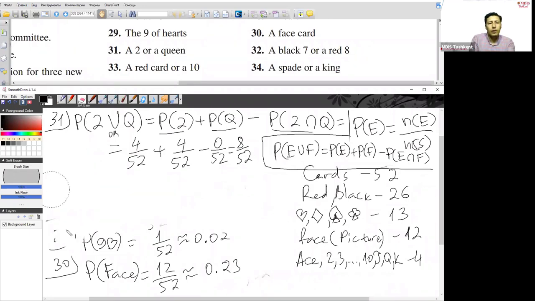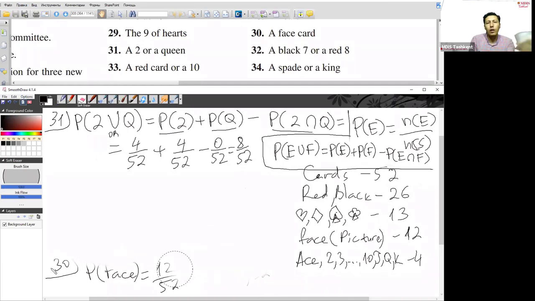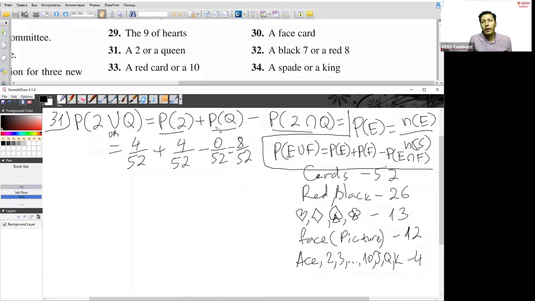We don't have a card which is queen and 2 at the same time. Therefore, the intersection is the empty set, 0. That means these two are mutually exclusive events.